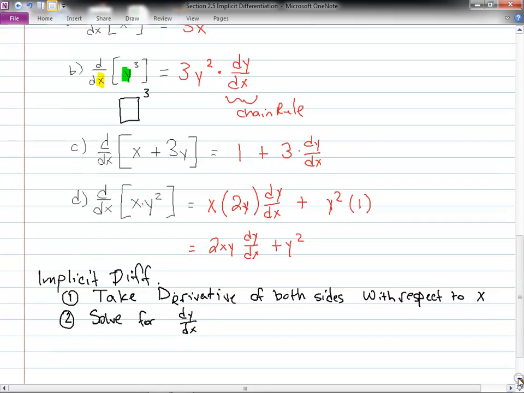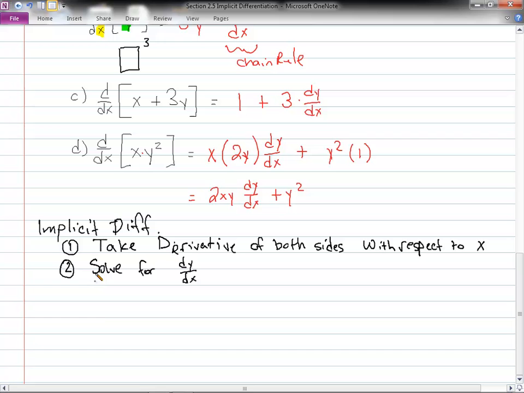Now I think the book, if you read through there, gives you 4 steps here. They break this step 2 down into 3 things. You isolate the dy dx terms, you factor out dy dx, and then you solve for dy dx, meaning you divide off the thing that you factored it out from.